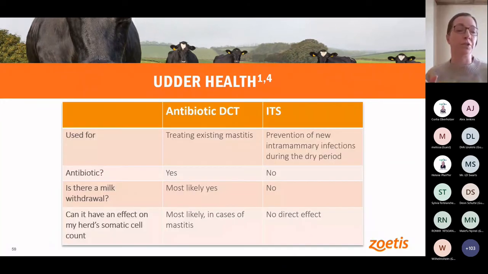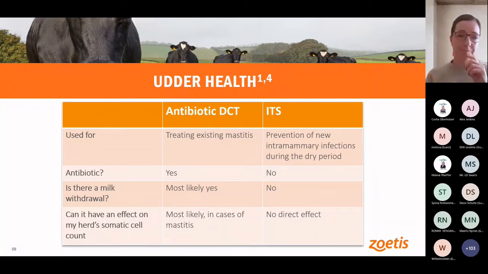Right, so just quickly to describe to you the differences between an antibiotic dry cow therapy and an internal teat sealant. So your antibiotic dry cow therapy, and remember we're talking about dry cows now, is to treat existing mastitis, where your internal teat sealant will help prevent new intramammary infections from the environment during the dry period. Right. It does not contain any antibiotics. Obviously, your antibiotic dry cow therapy would.